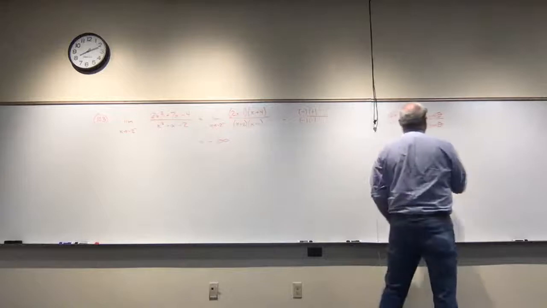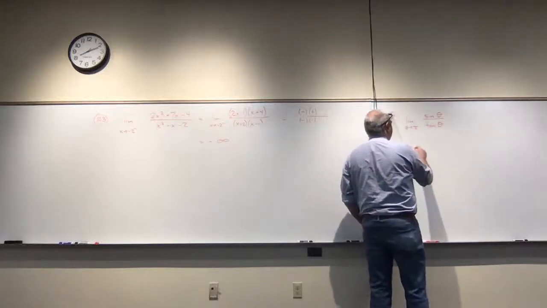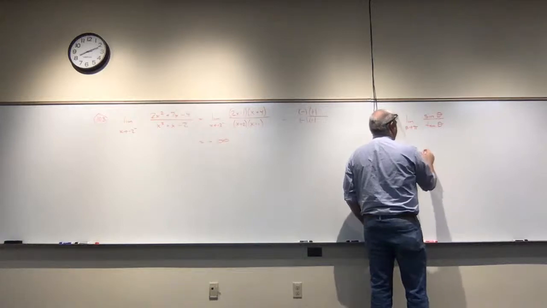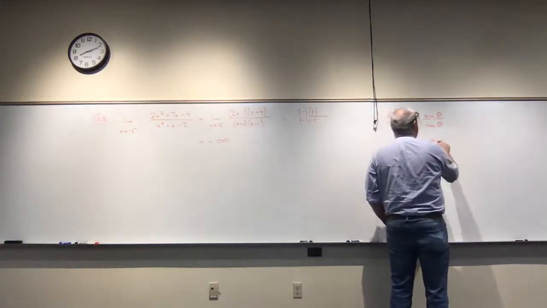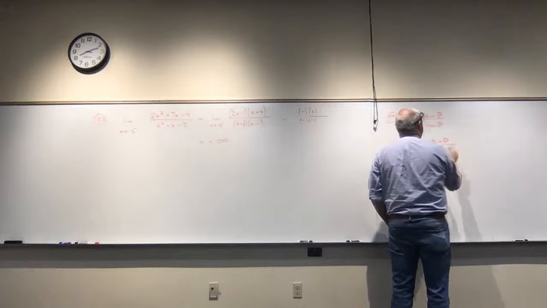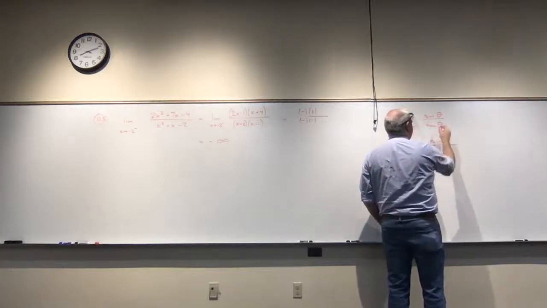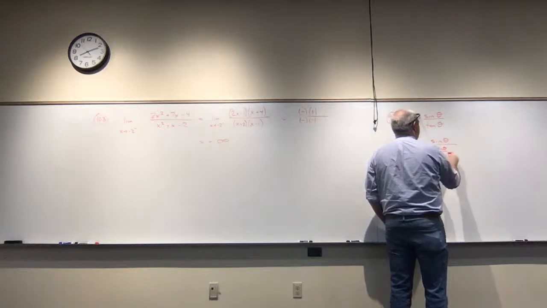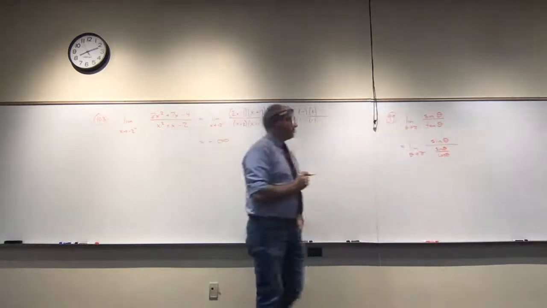Okay, so what we can do is rewrite tangent. This is the limit as theta goes to pi of sine of theta divided by tangent of theta, which is the same as sine of theta divided by cosine of theta.